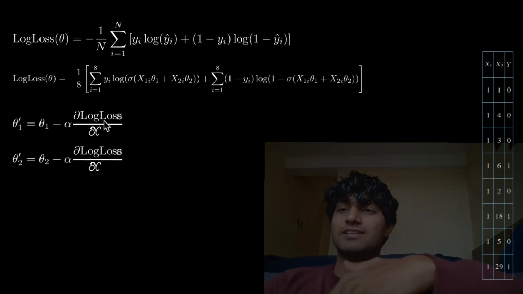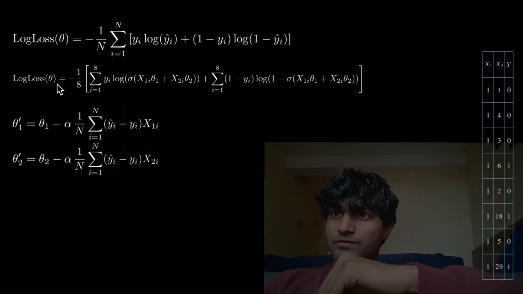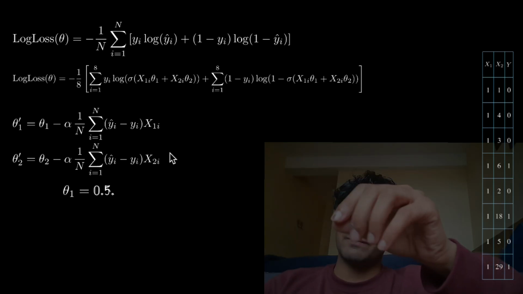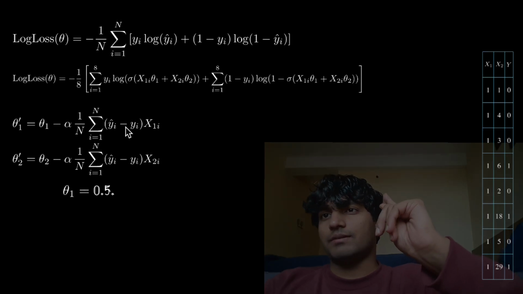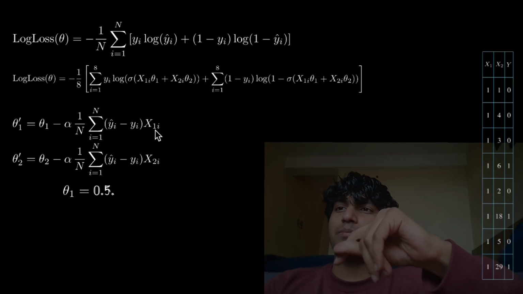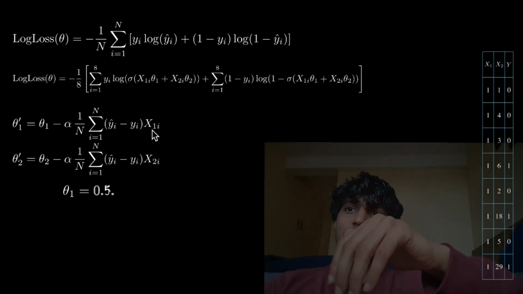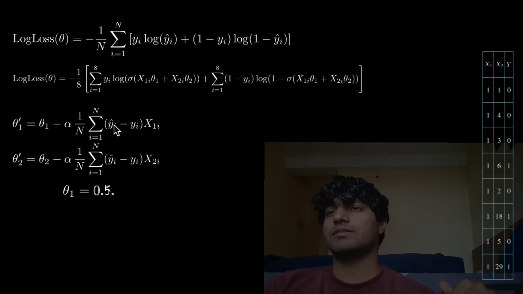And the funny part is, coincidentally, if you solve this big loss function with respect to theta 1, you will find the same result we found in linear regression. Basically, prediction minus actual label multiplied by the x feature. So we have 8 examples, right? Just find the value for each example and sum them.